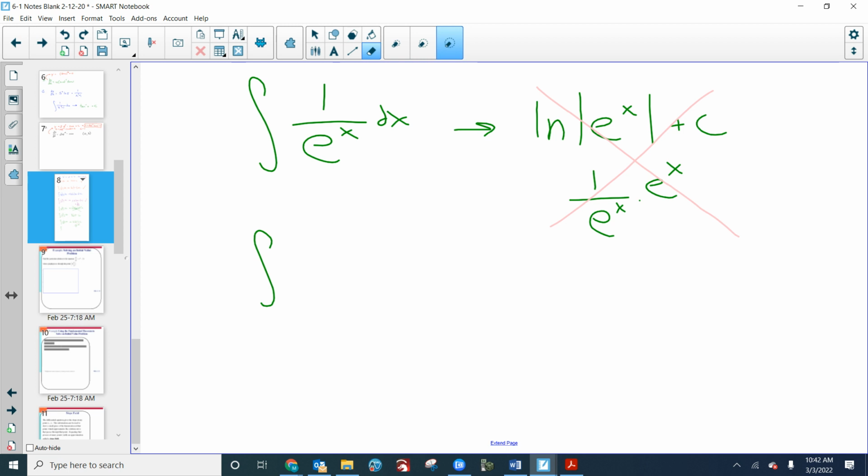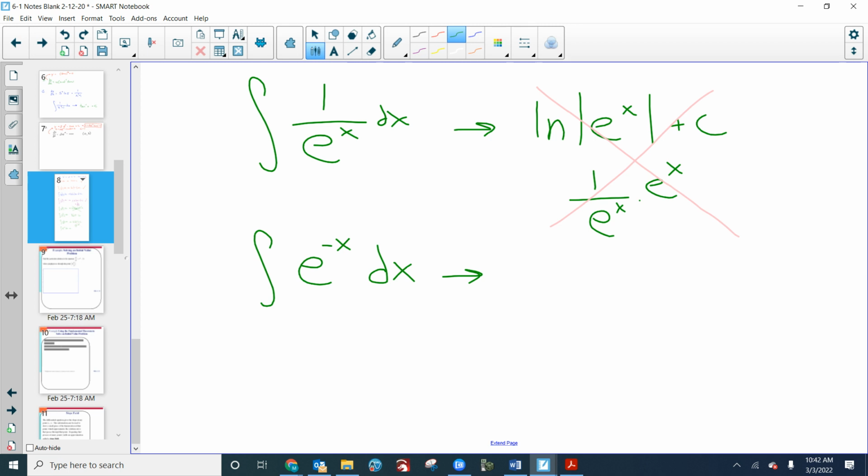Madison: 1 over e to the x can be rewritten as e to the negative x. Now, I had not done any calculus yet. Madison just rewrote it using exponent rules. Now, we know the derivative of e to the x is e to the x.